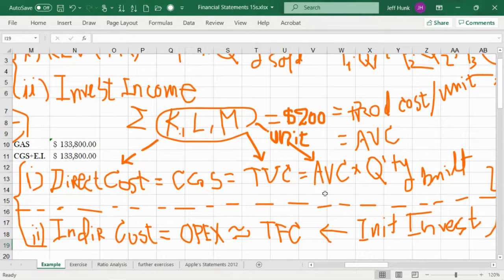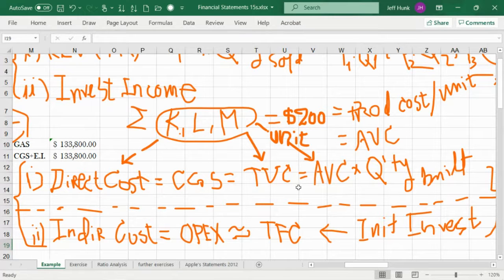So we already started with the average production cost, but just to give you the illustration of the process, this is why unit production cost is called average variable cost.